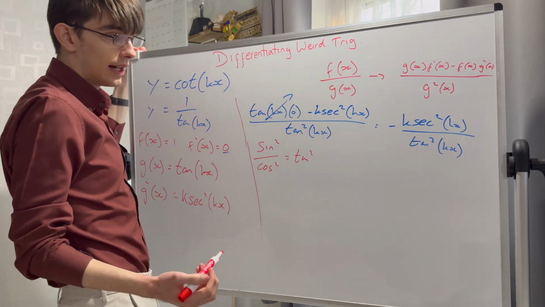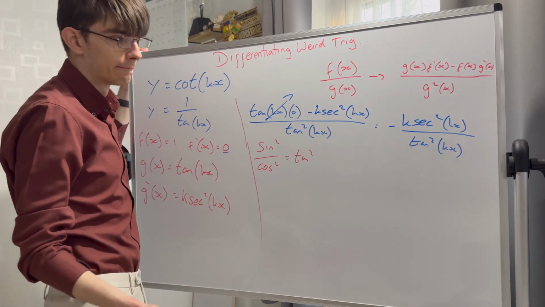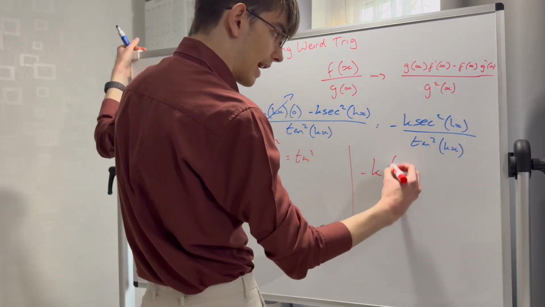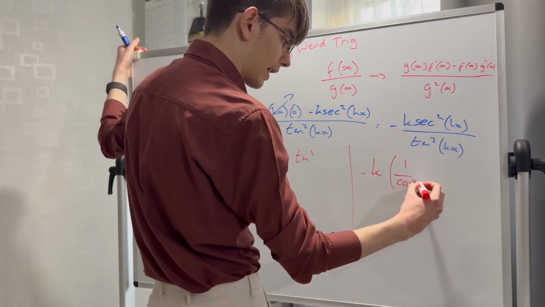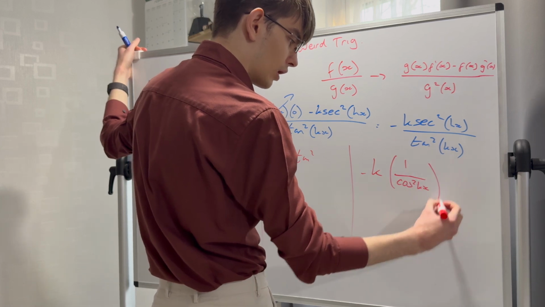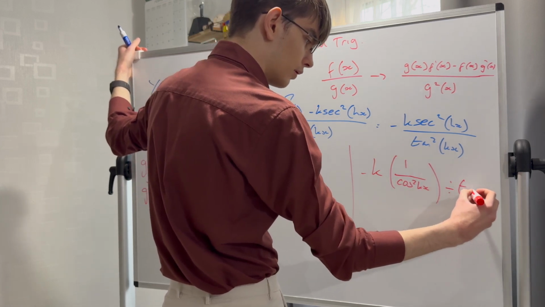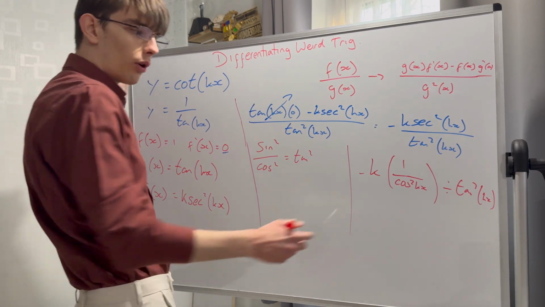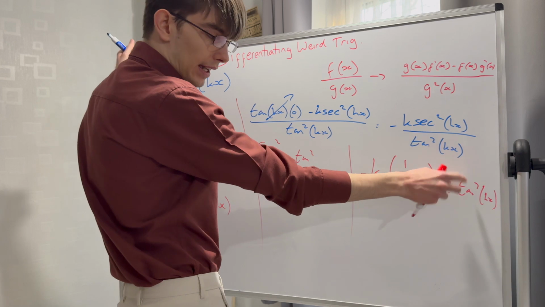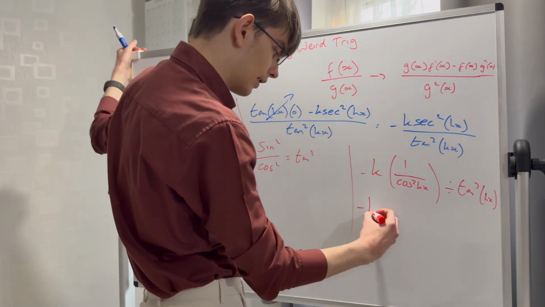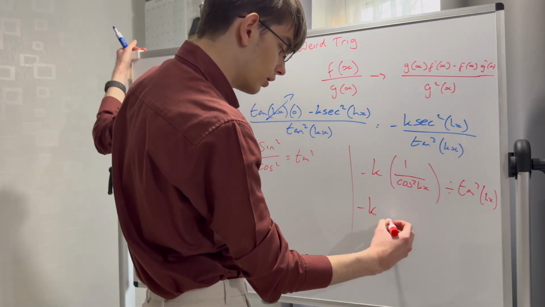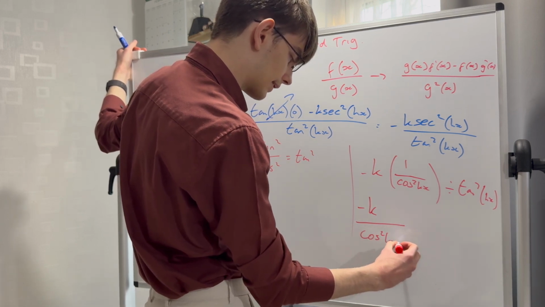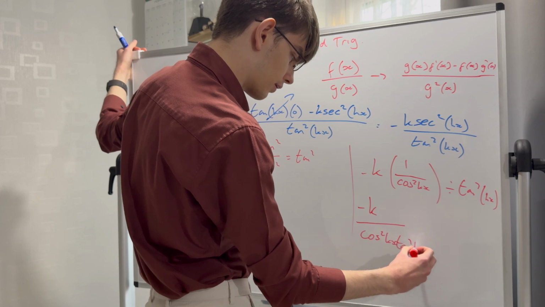Well, sec squared is 1 over cos squared. So this thing here is minus k times 1 over cos squared kx, divided by tan squared of kx. So I'm dividing by tan, so I can flip it and bring my tan down here, and I get minus k over cos squared kx tan squared kx.